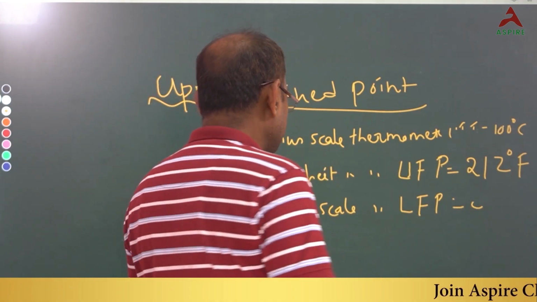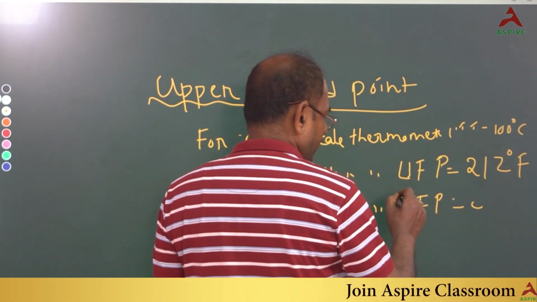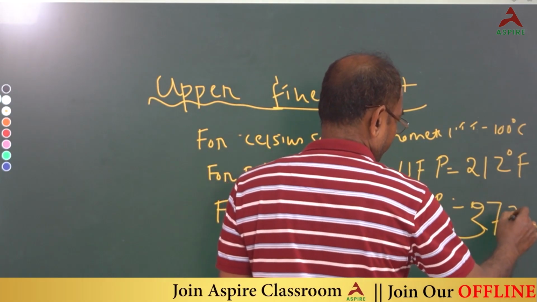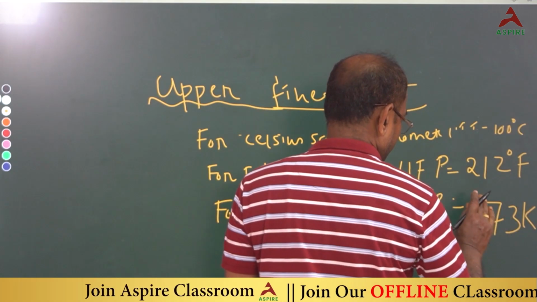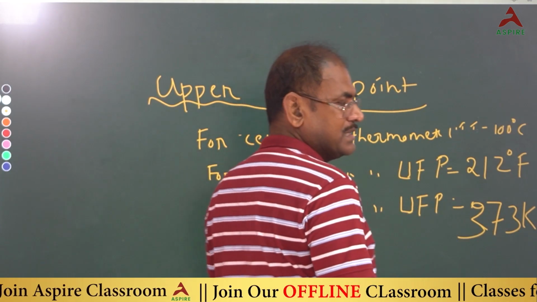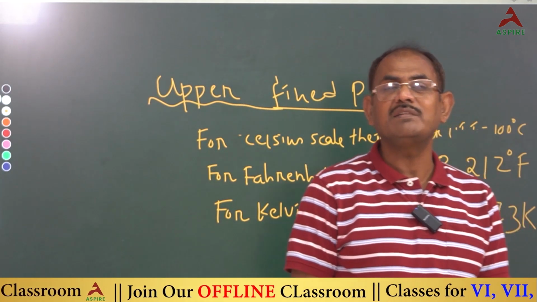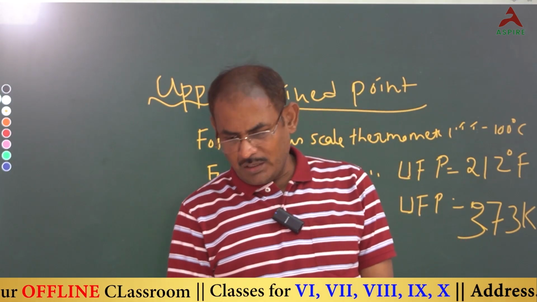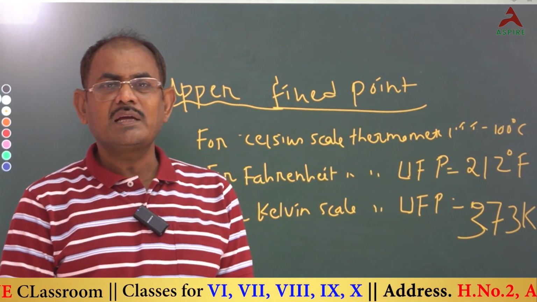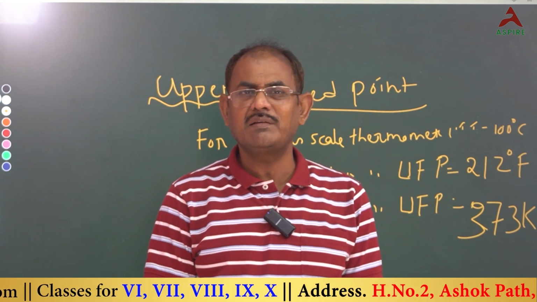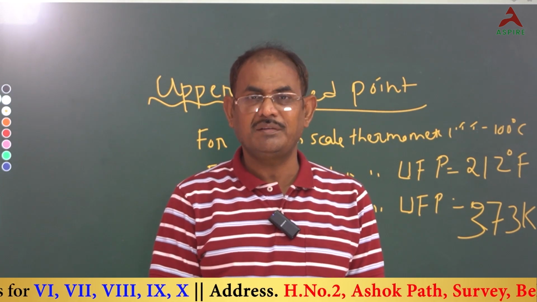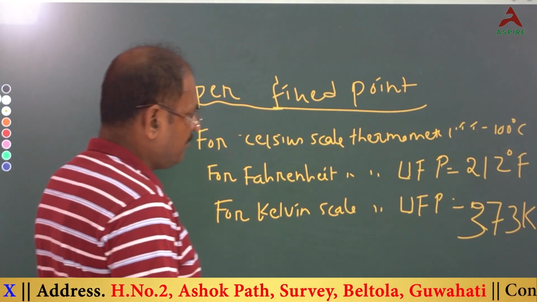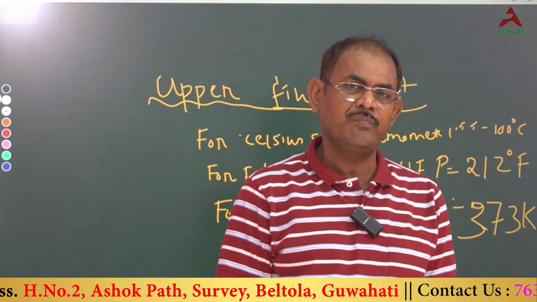Like this, for the Kelvin scale the upper fixed point is 373 Kelvin. That means for this scale, water boils at 373 Kelvin. That's clear? So these are the different fixed points for different scales of thermometer.